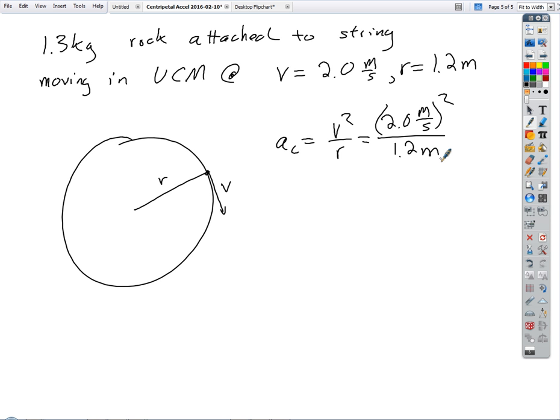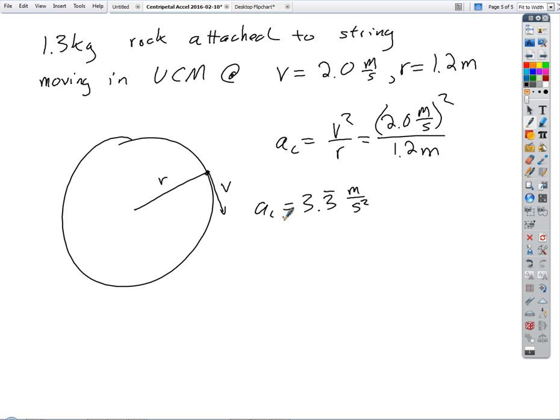So 4 divided by 1.2 is 3.3 repeating. And what are the units going to be? Meters squared per second squared divided by meters, so one of the meters cancels. So my centripetal acceleration is 3.3 meters per second squared.